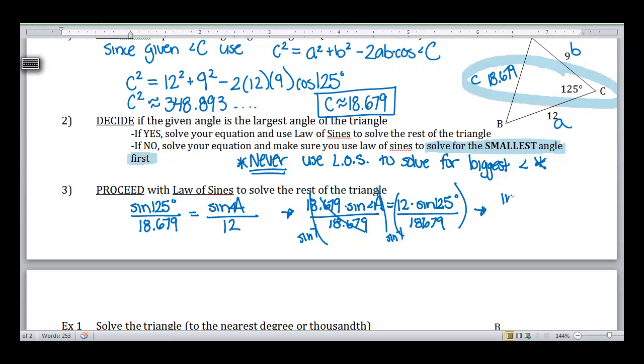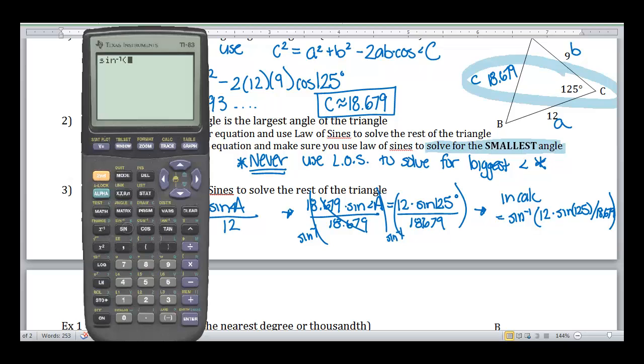And so in my calculator, I want to enter the sine inverse of my 12 times the sine of 125, close parenthesis, divided by 18.679.